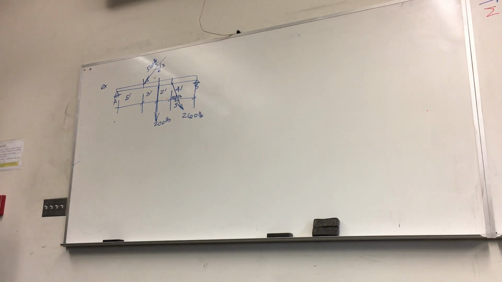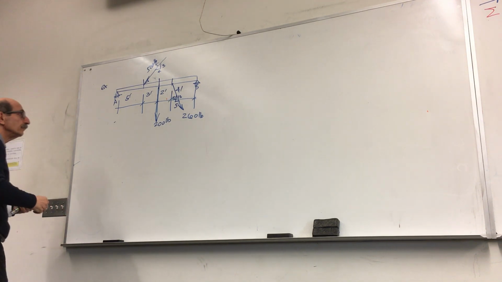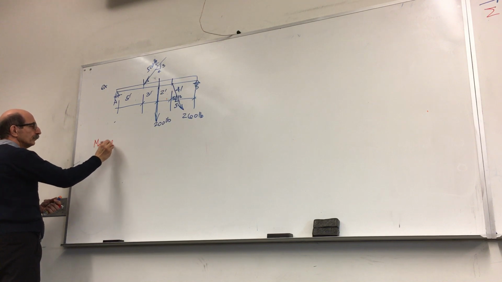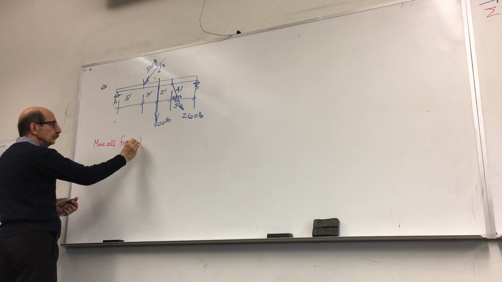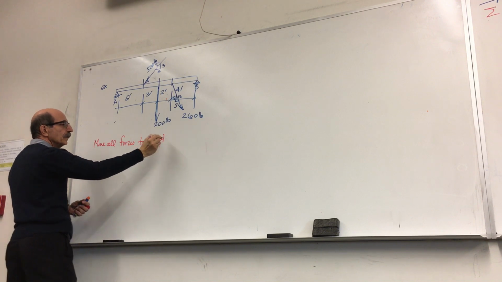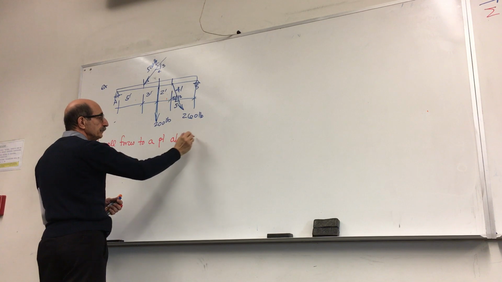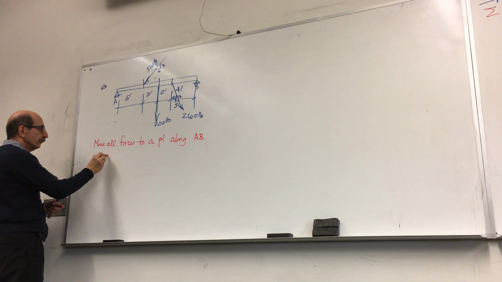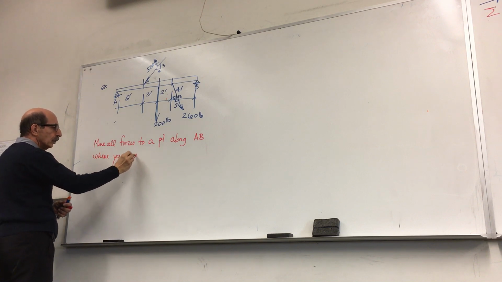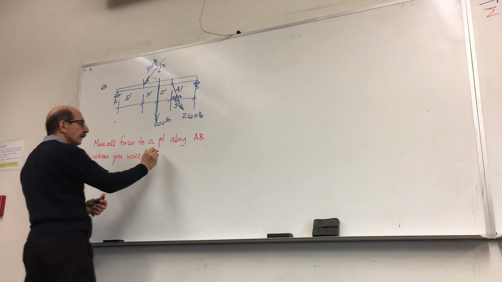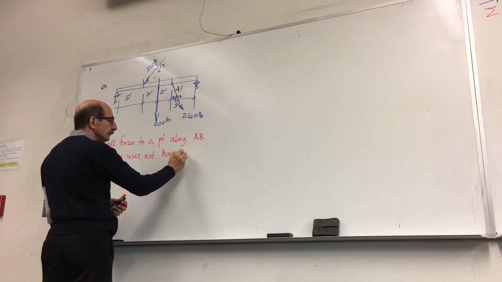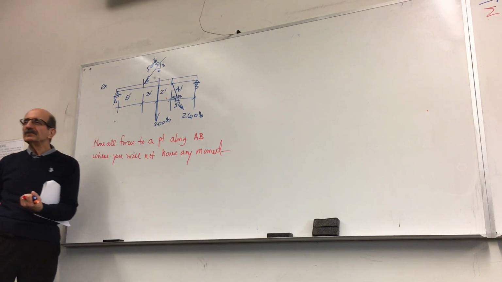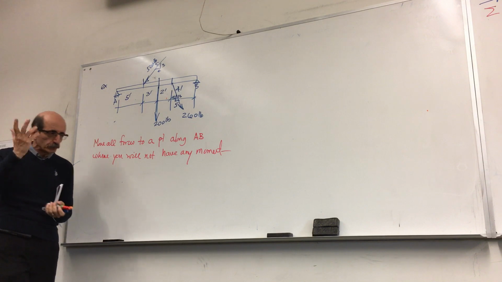The problem statement is slightly different. In this problem, you've been asked to move all forces to a point along the direction of AB, where you will not have any moment. The problem is basically the same, but it's a little bit twisted.